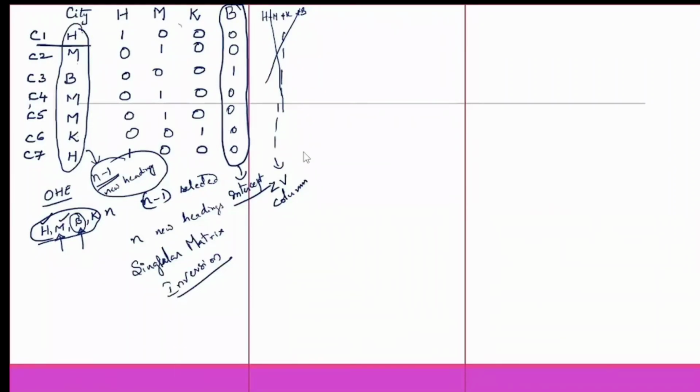That's the reason we say 0, 0, 0 is like one column, typically the one that starts earliest, but you can very well change that ordering as well. After that I can remove the city column altogether and only retain the dummy kind of column.